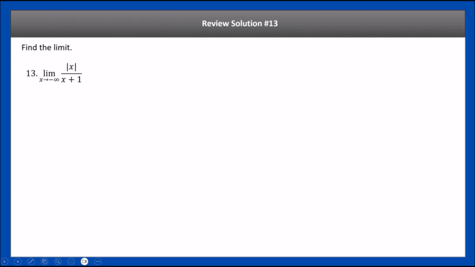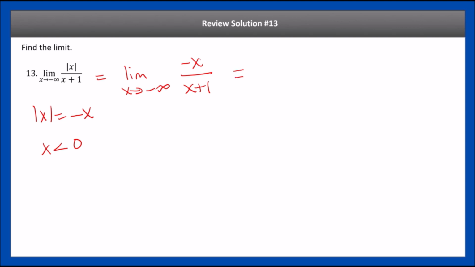All right, so on number 13, this one actually has an explicit absolute value. Remember that absolute value of x is equal to negative x when x is less than 0. So in this case, this is going to turn into negative x. So we're going to do the limit as x approaches negative infinity of negative x over x plus 1. We're going to divide the numerator and denominator by x.